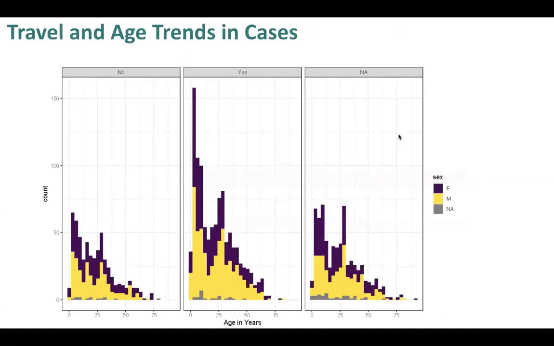Next. This next slide really shows the age distribution of the malaria cases and by gender, which you can see in different colors, with yellow being males and the darker colors females.